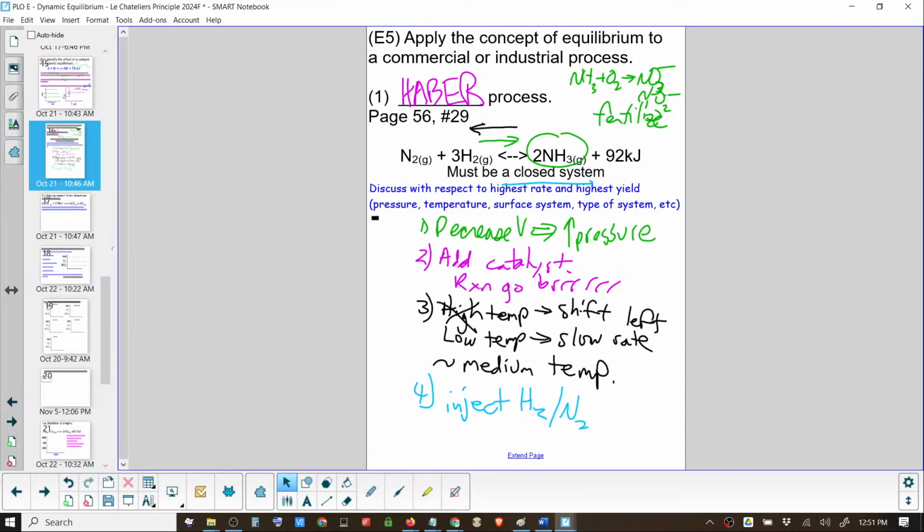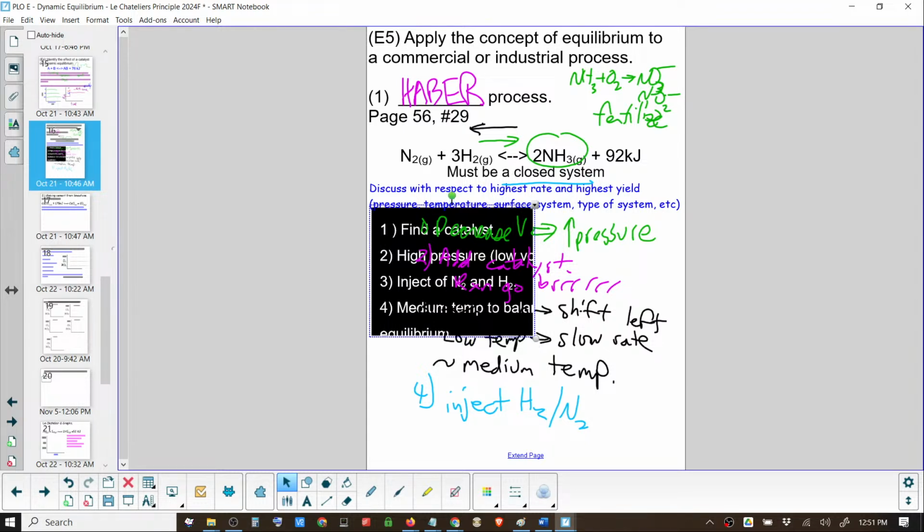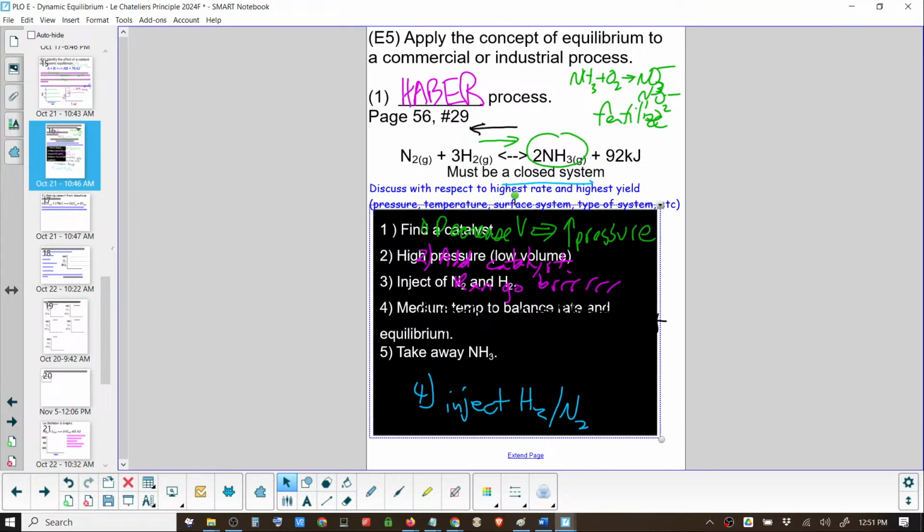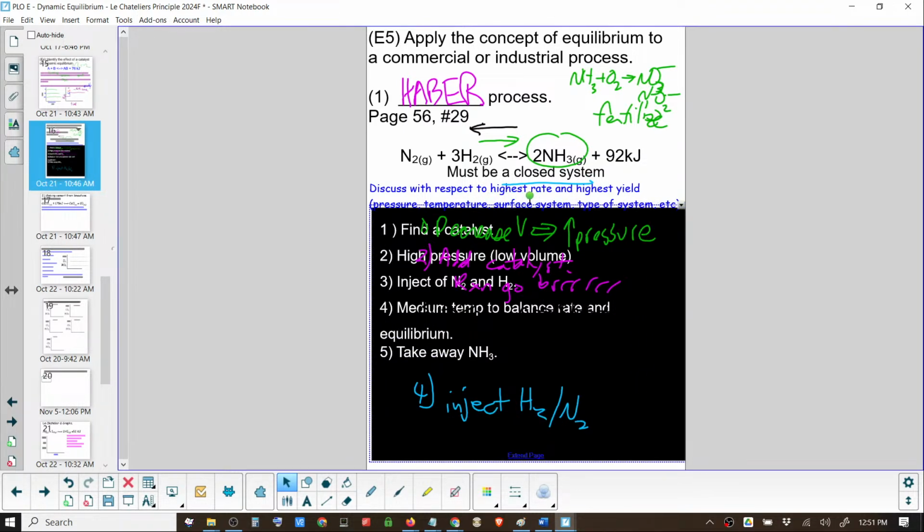So let's see how well we did. Find a catalyst, high pressure, low volume, inject N2 and H2, medium temperature to balance rate and equilibrium. Take away ammonia, so if you can make it less of a closed system, that would help. And so we got all the points.